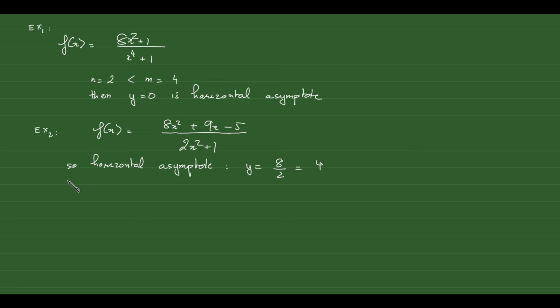However, there is another type of asymptote, which is a slanted asymptote. Slanted asymptotes can be found by doing division. The quotient of the division will be the slanted asymptote.